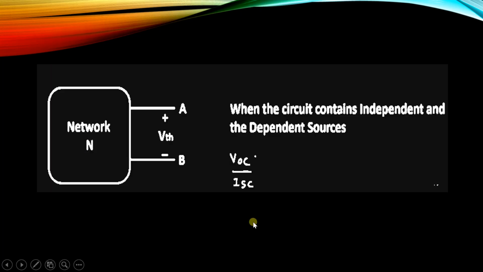But if we have dependent and independent sources, then the impedance is found by calculating the open circuit voltage and the short circuit current. First we find the open circuit voltage and then the short circuit current, and the ratio is the Norton's resistance. Zn is equal to VOC upon ISC.